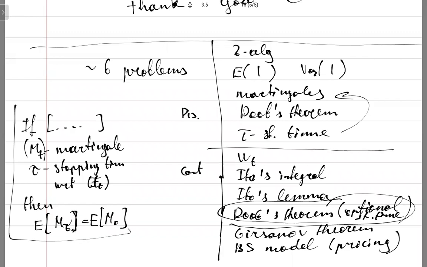If you'd like to go deep into these conditions, you can follow the link I have posted. It's just a general idea: if M_t is a martingale and tau is a stopping time with respect to some filtration, there are some more technical conditions.